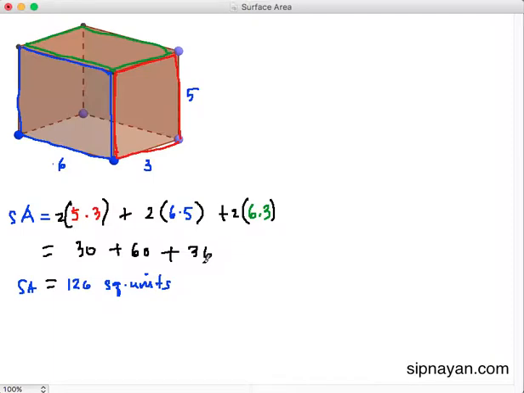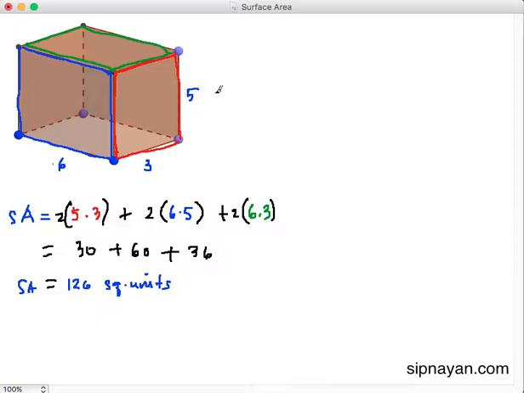Okay, so how do we generalize this information, no? Yung nag-gather natin na information from finding the area or the surface area of a right rectangular prism. So, for example, no? Tabi na lang natin dito.